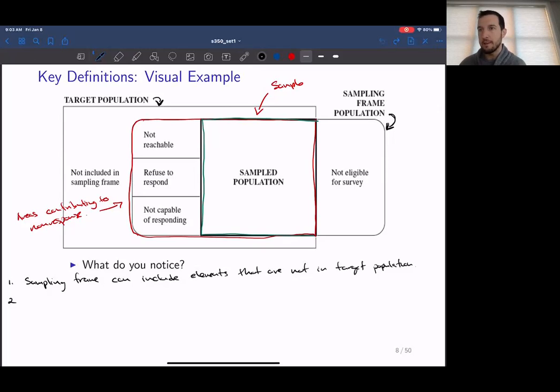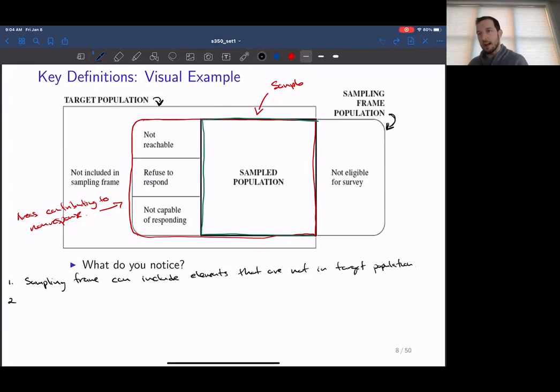What we can see from our study of the sampling frame is it's composed of, let's say, five different categories. We have those people that are not eligible for the survey. That particular category of the sampling frame sits outside of the target population, so there's no overlap between that component of the sampling frame and the target population.